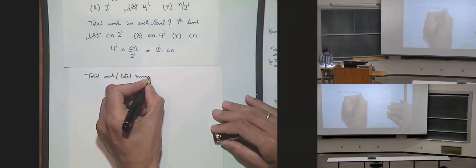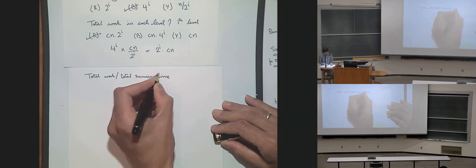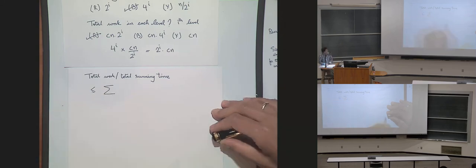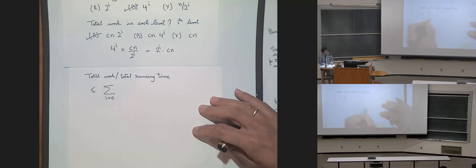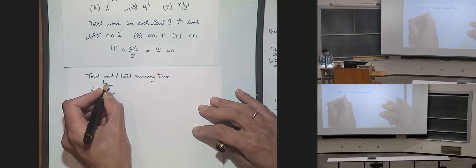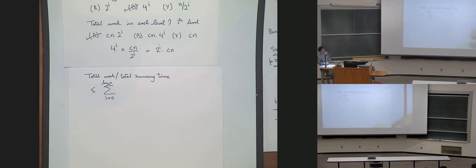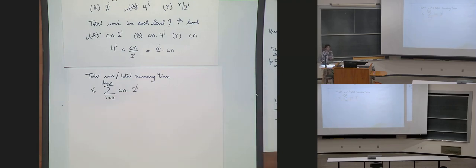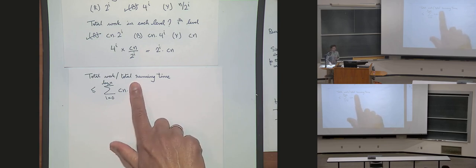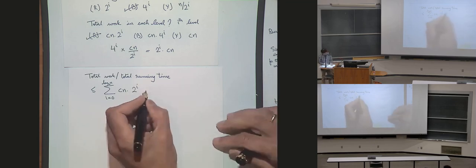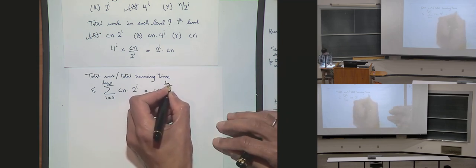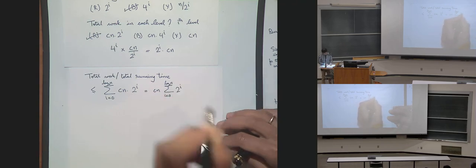The total running time, I mean, technically it's at most, but I have the levels going from 0 up to log base 2 of n of C times n times 2 to the i. So in merge sort, there was no 2 to the i, so it was C n log n. So now you have C n, the sum for i equal to 0 to log base 2 of n of 2 to the i.